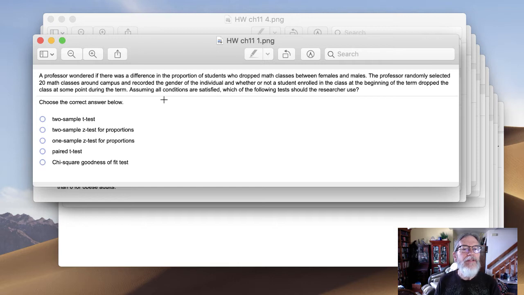Assuming all conditions satisfied, which of the following tests should the researcher use? All right, so we've got proportions, right? So it's the two-sample z-test for proportions.